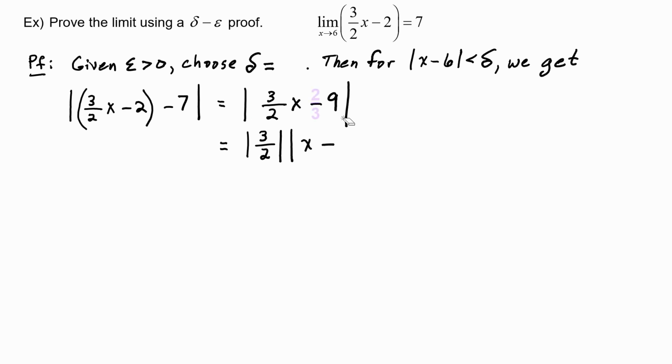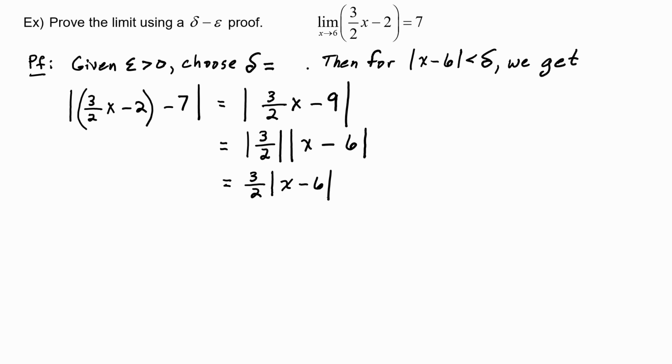If we multiply this 9 by 2 over 3, then we get 6. Always double check your factoring. 3 over 2 times x gives us 3 over 2x. 3 over 2 times 6 will give us 9. Now we know that the absolute value of 3 over 2 is 3 over 2, and we still have absolute value x minus 6.